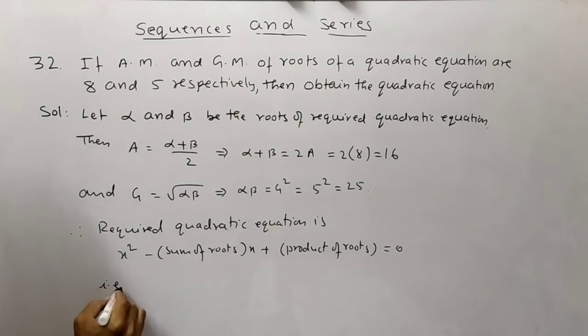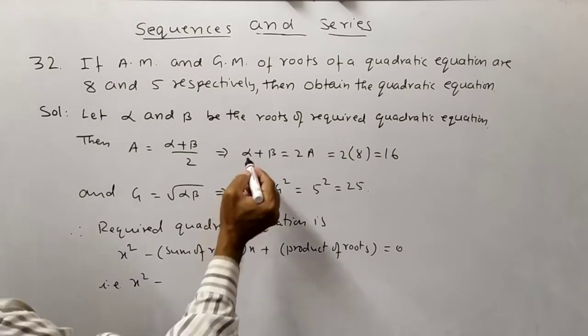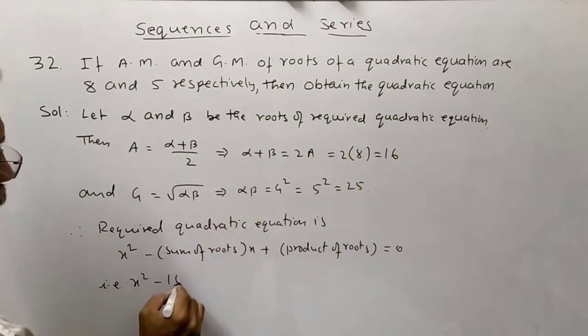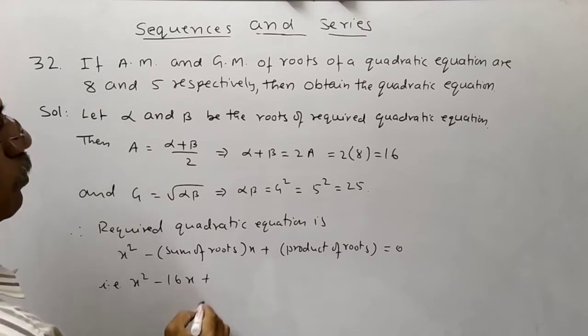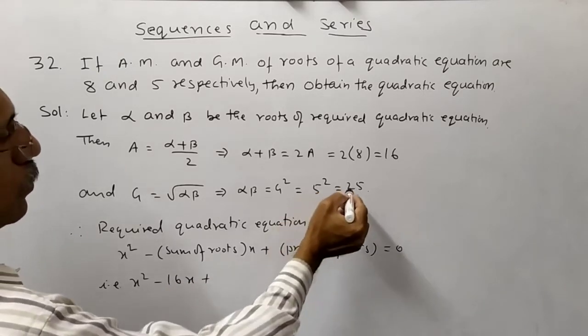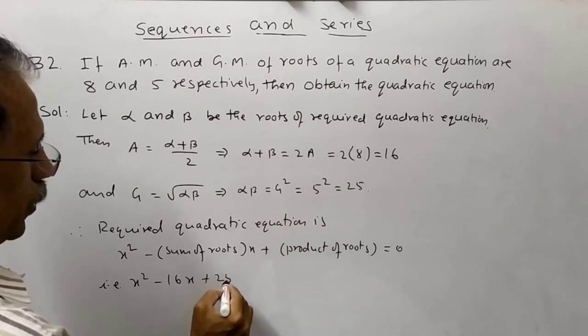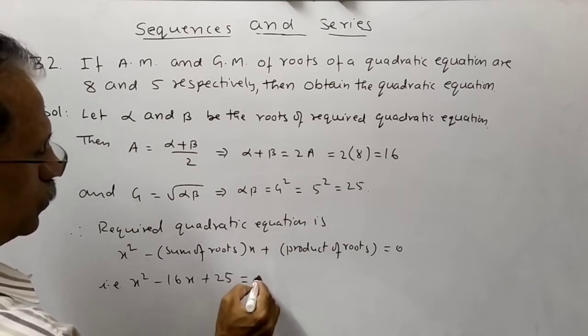That is x square minus sum of roots 16 into x plus product of roots 25 is equal to 0.